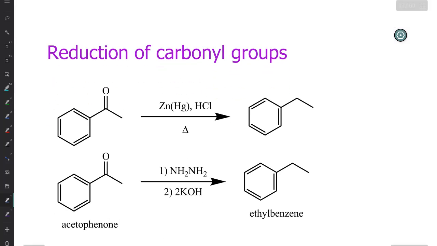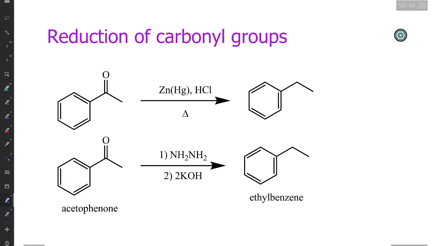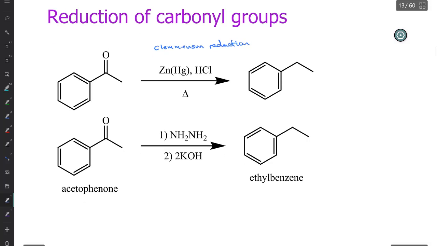And there are some other types of chemical reductions that we do. One is known as a Clemmensen reduction. If you wanted to look that up, that's Clemmensen. And this bottom one is known as a Wolff-Kishner reduction.